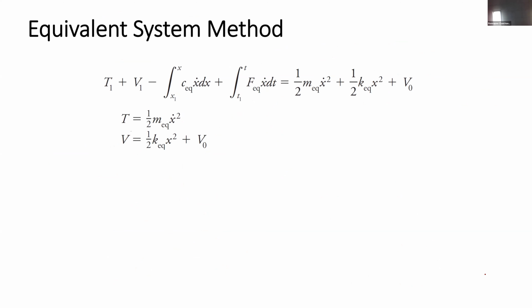Okay, the last topic for today is the equivalent system method. Before this, we learned how to derive the equivalent stiffness, equivalent mass, and equivalent damping coefficient of a system. So how can we apply that to a complicated system?